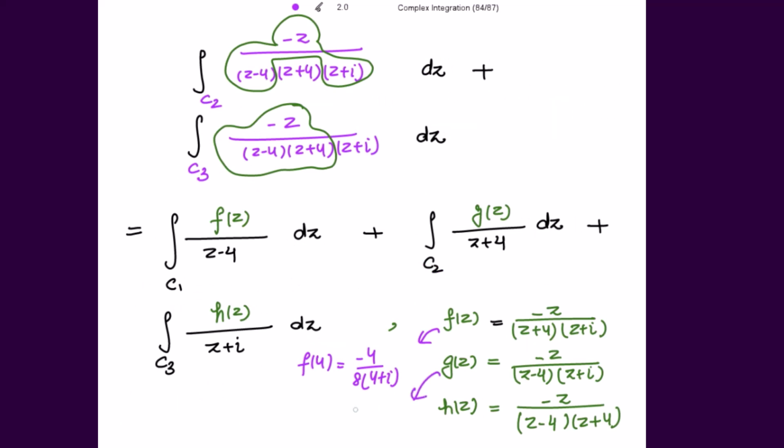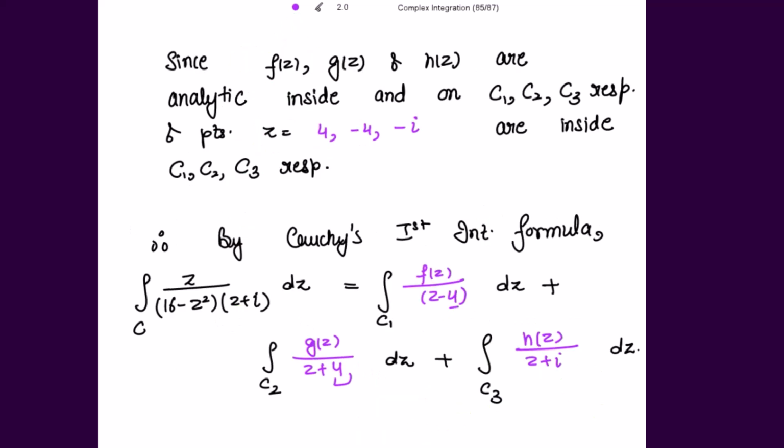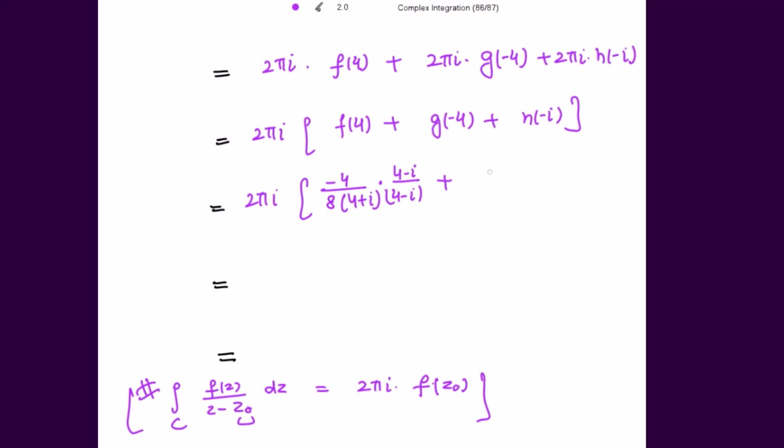From here we get g of minus 4 as 4 over minus 8 into minus 4 plus iota. So writing here 4 over minus 8 into minus 4 plus iota, and then rationalizing this as minus 4 minus iota over minus 4 minus iota. Fine. Okay, then is h of minus iota.